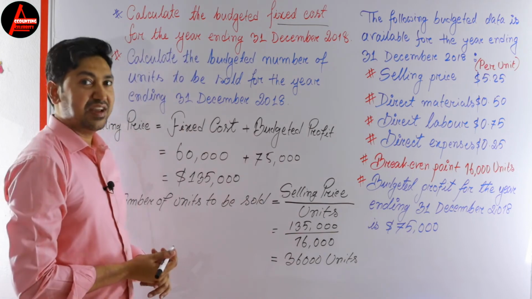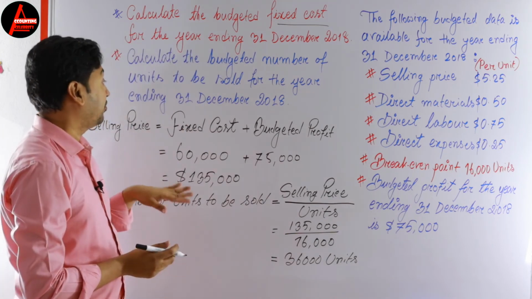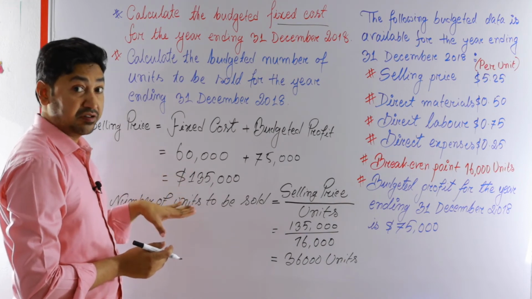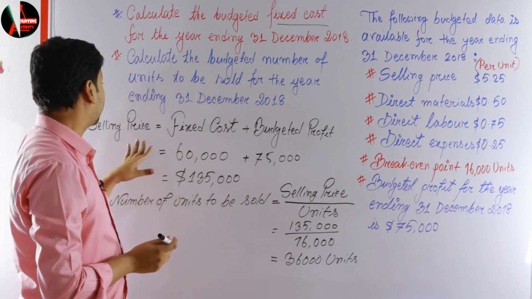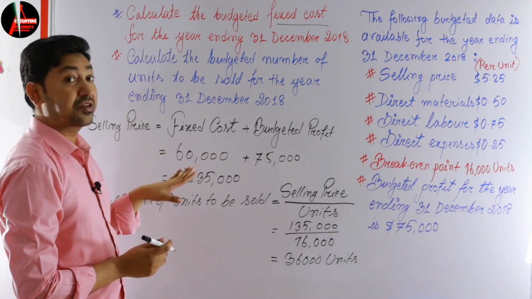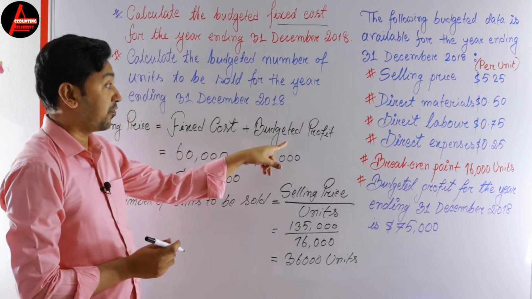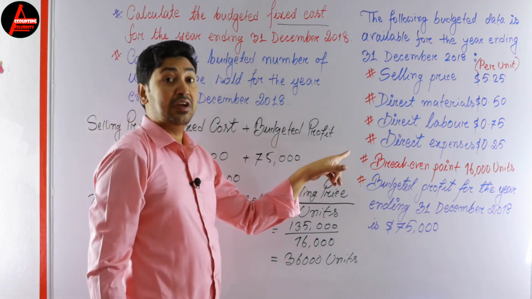So this is a very simple calculation, but you have to know the system, the procedures. Okay, so you have to know how to calculate the selling price first. You have to know how to calculate the budgeted fixed cost. So you need budgeted fixed cost, then you need profit. So budgeted profit will be given in the question.